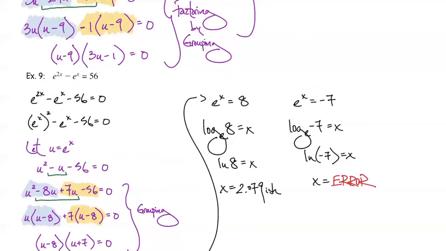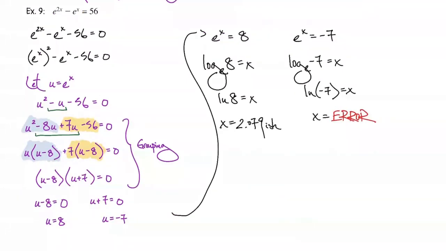In fact, if I were to sketch a quick picture of e to the x, what would that look like? If I were to just sketch a picture of e to the x, what does that look like? Wouldn't all of the y values be positive?